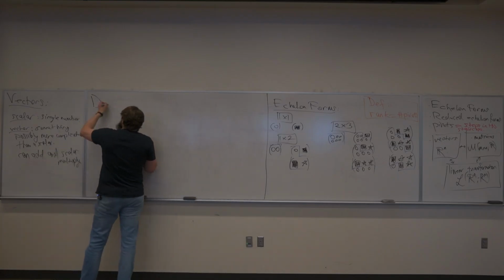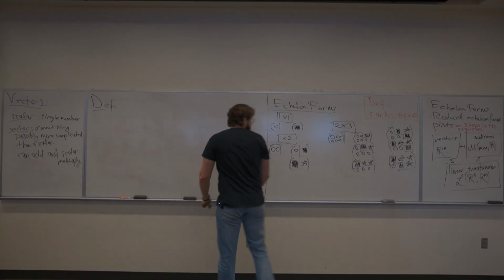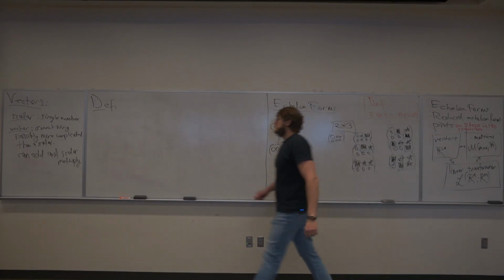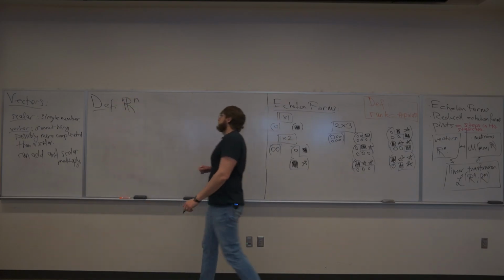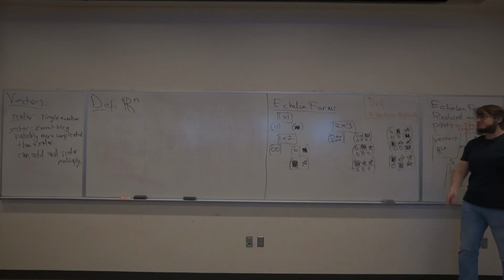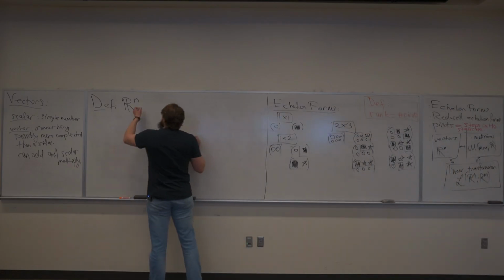So let's say here is this notation Rn. Okay. R to the n is the space of all n-dimensional vectors.